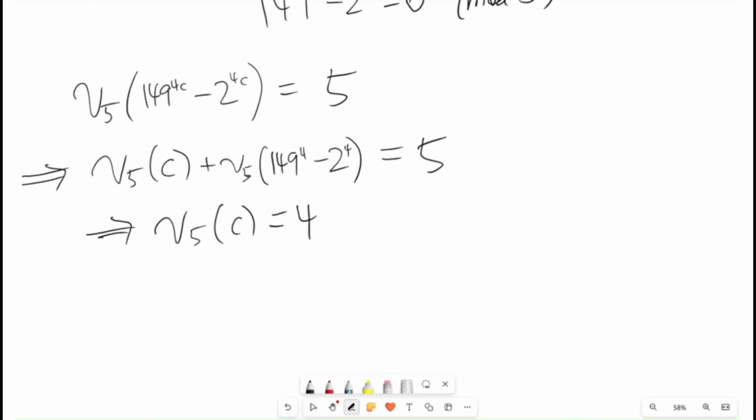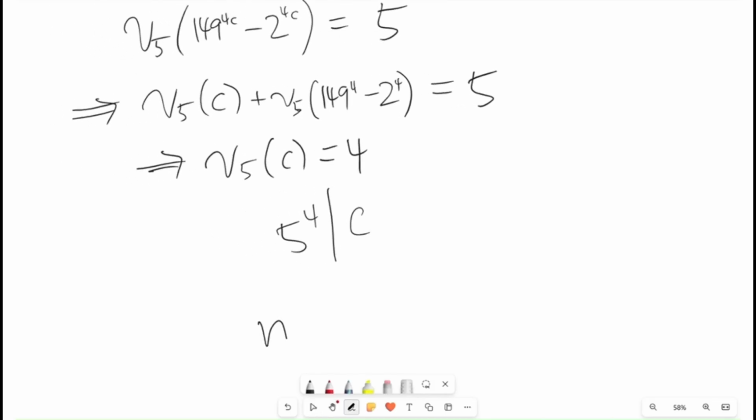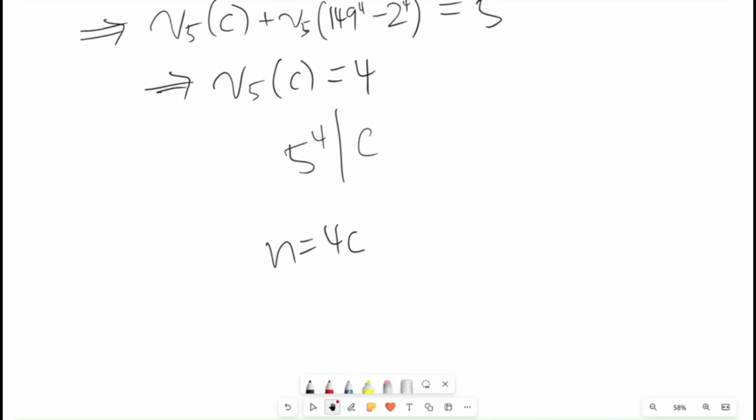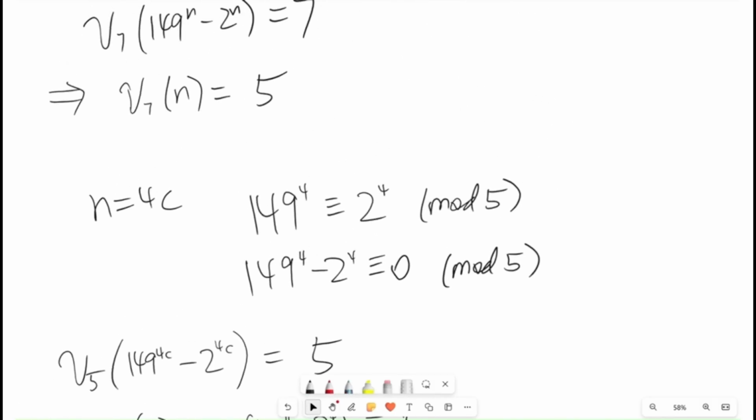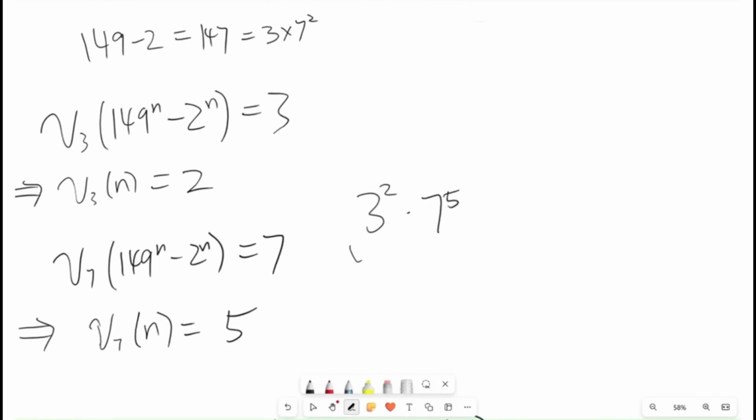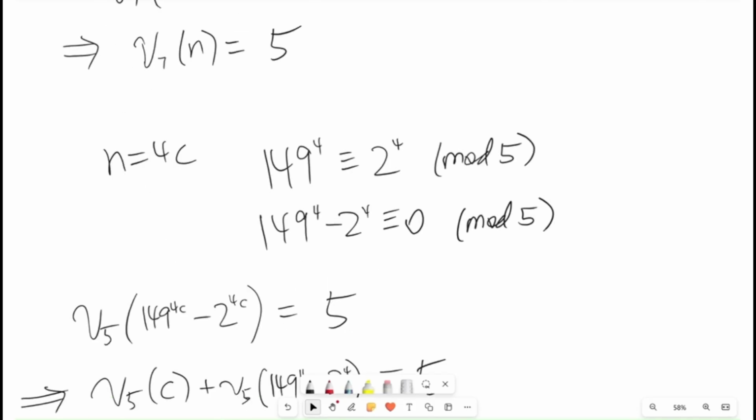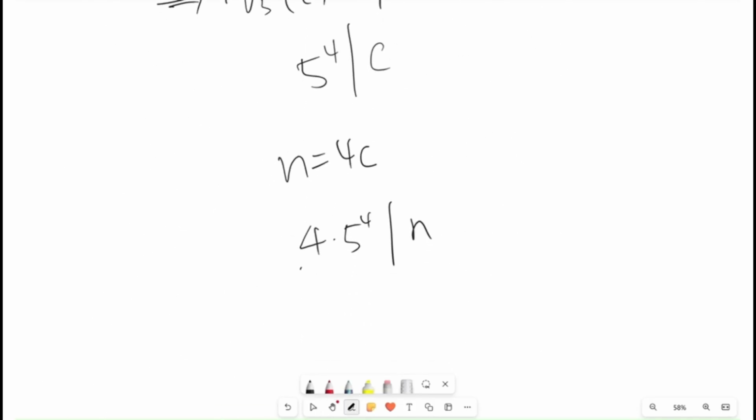And so we have 5 to the power of 4 does divide c. And so since n is equal to 4c, we know that 4 times 5 to the power of 4 must divide n. And so going back to what we got from 3 and 7, we know that this divides n. And now we know that this divides n.